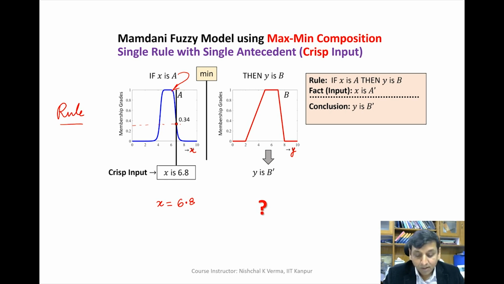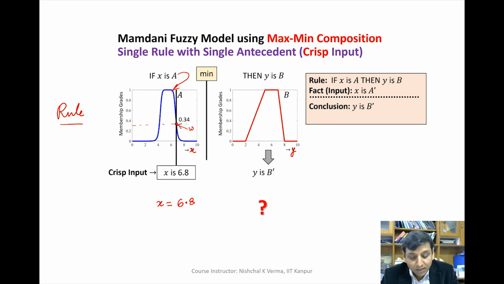But here we have a single point of intersection. So this is our W, which is the weight. Since we have a single W, even if we take min, that is going to remain the same, or even if we take product, the W is going to remain the same.